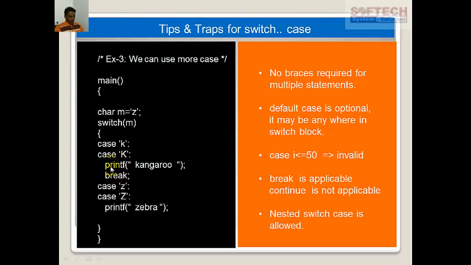If we use a looping statement within a case, we can use continue, but that continue works on the loop only. It does not continue the switch. In a switch block, we use only break. Nested switch case is also available. We can write a switch case within a switch case.